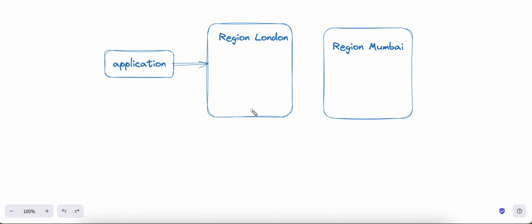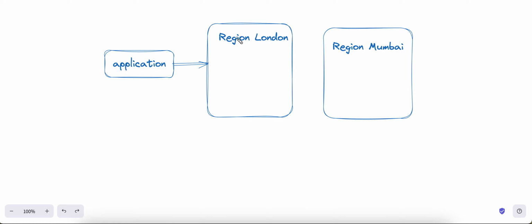So basically GCP gives you almost 20 plus regions to deploy the application, and based on your choice of where user base is, where you are getting more requests, you can deploy the application into those regions, and users can get very good performance of your application, like low latency, high availability. All these advantages you will get.